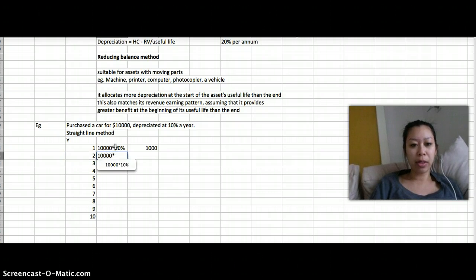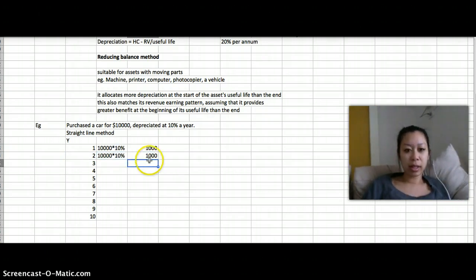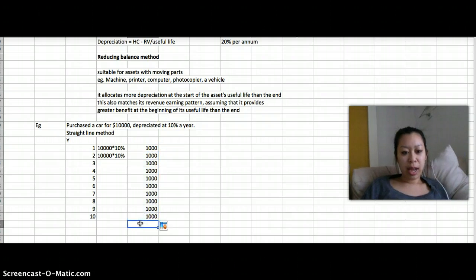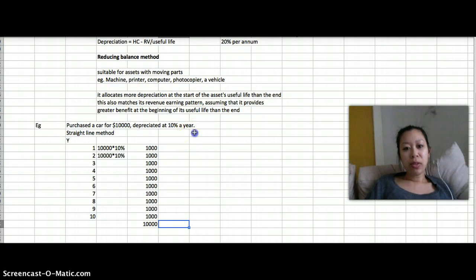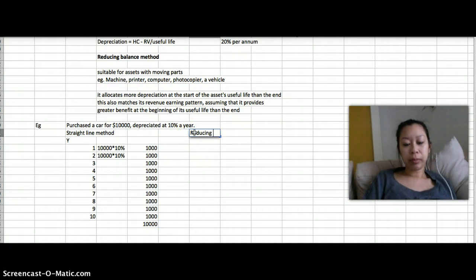You keep multiplying it by the original cost, and every year you're going to depreciate $1,000. So then at the end of 10 years, you're going to use the whole thing, $10,000. As opposed to if you use reducing balance, a little different.